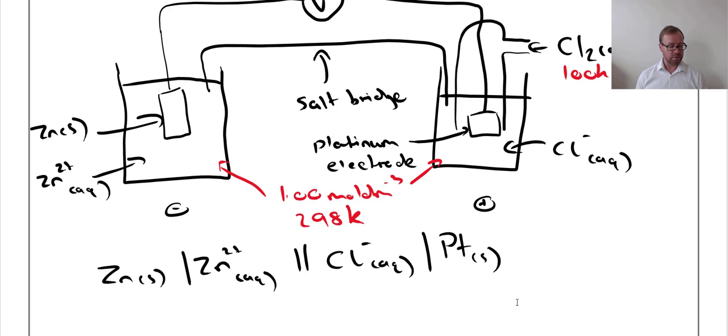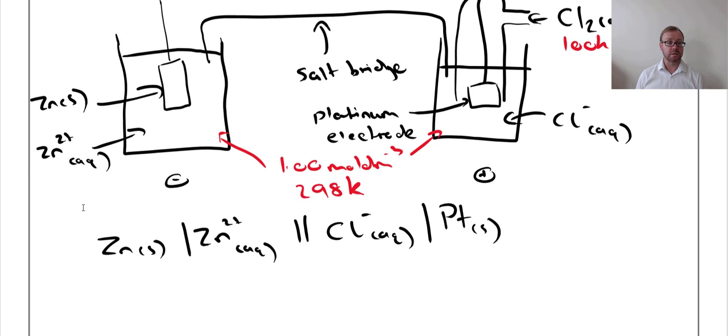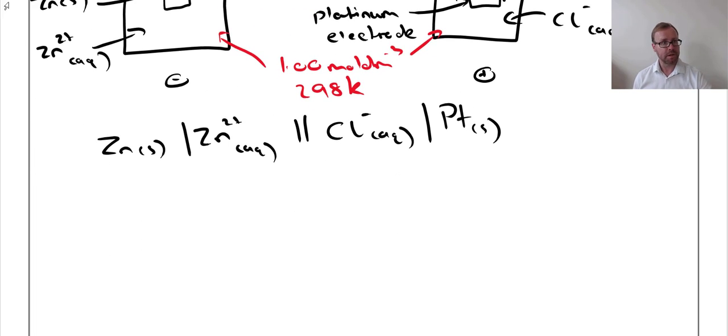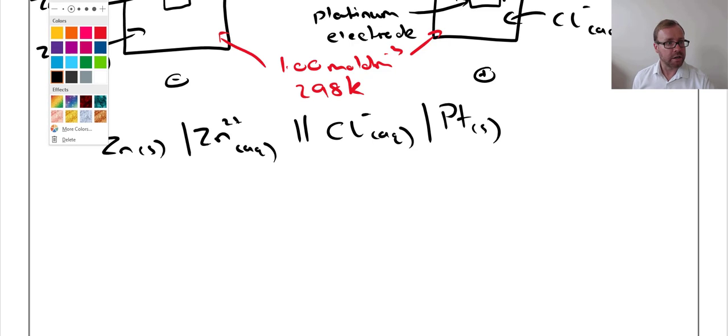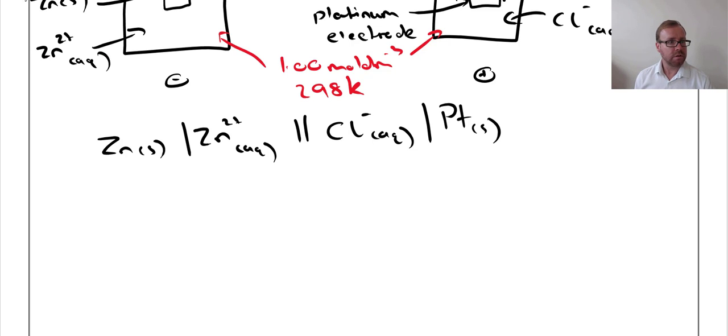And a quick note just before we move on, sometimes you may see in the solutions here, for example, other ions as well. So you may see it as Zn2+ and SO4 2-.